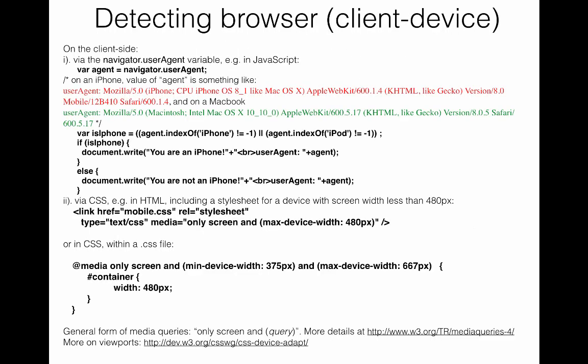Let's look at how we might detect the browser on the client side. You can have two things running on the client side. One is JavaScript code and the other is some CSS style sheets. And let's look at first the JavaScript code. On the client side, there's a variable in JavaScript called navigator.userAgent.